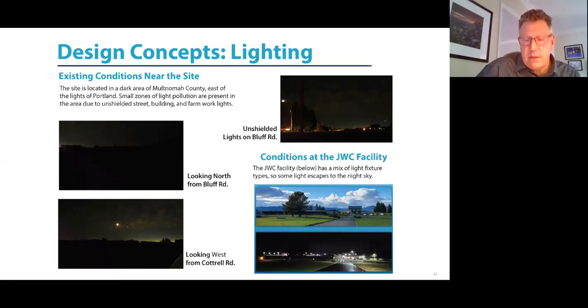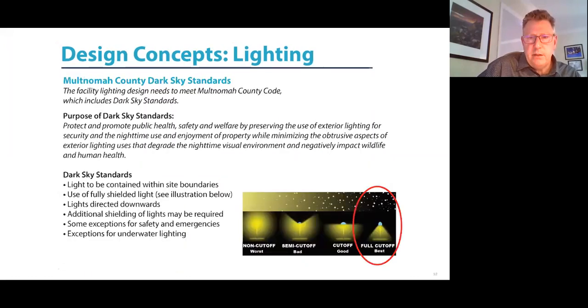There's a picture of the JWC plant in Hillsborough, and they were nice enough to share a picture of the lighting there. Even though that is an older plant with many generations of lighting, you can tell a lot of that light is visible. Even some of that light is compliant with dark sky requirements, and you can still see it from the side. So we're pretty concerned about that, and we're coming up with strategies to shield that light. Next slide.